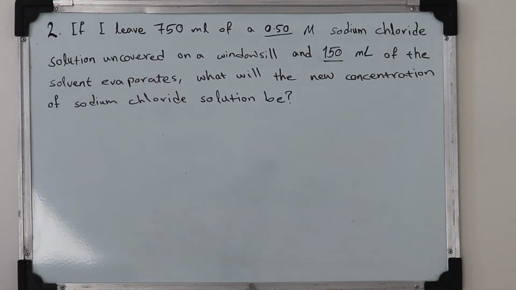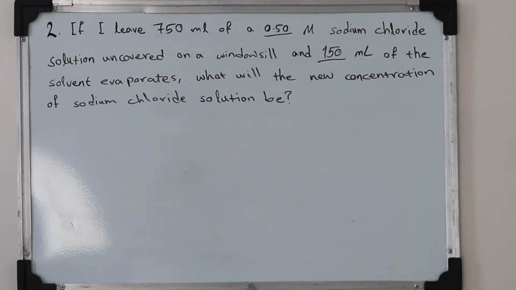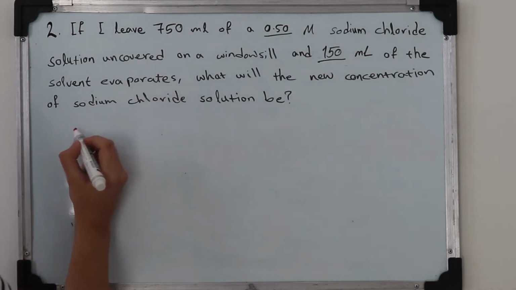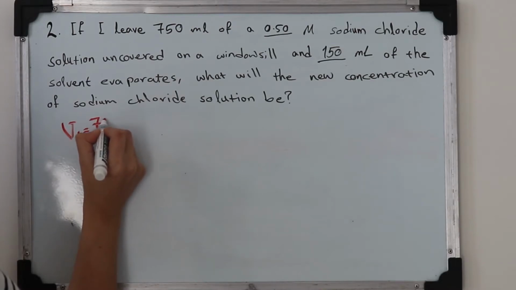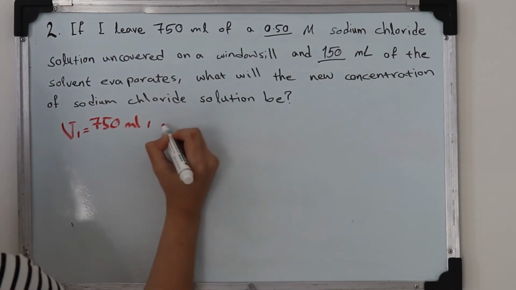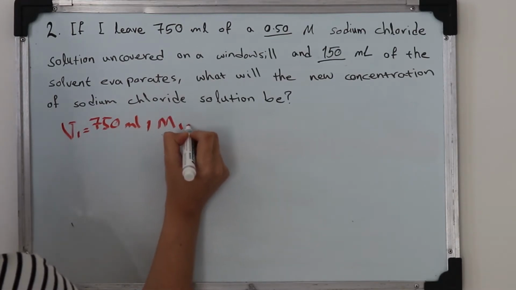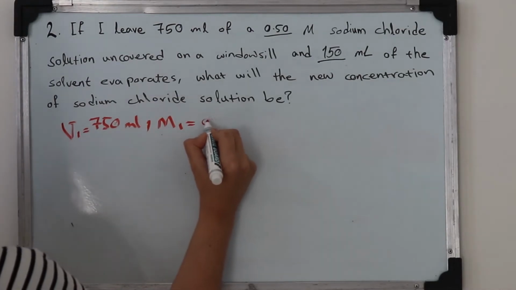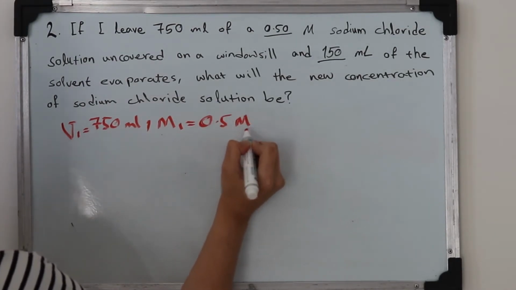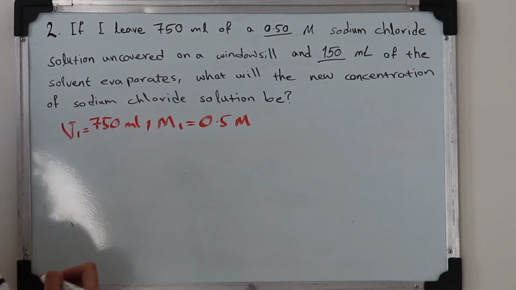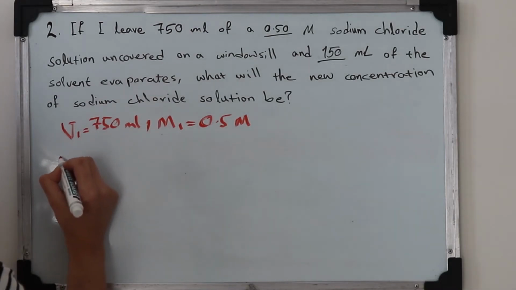Number 2, if I leave 750 milliliter of 0.5 M sodium chloride solution uncovered on a windowsill and 150 milliliter of the solvent evaporates, what will the new concentration of sodium chloride solution be? Okay, here we have V1, which is 750 milliliter. We also have M1, our initial concentration, which is 0.5 M. We don't have V2 directly here, but we can calculate it.